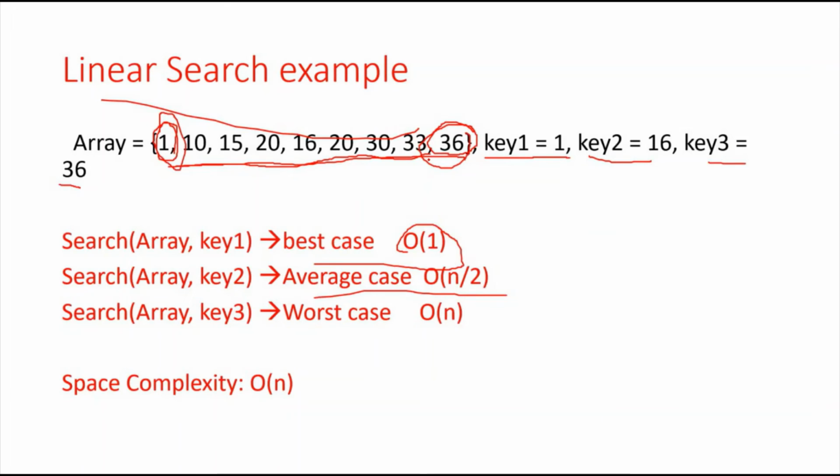This is the last element, and we have a total of 3, 6 and 9, we have a total of 9 elements. We will perform the comparison operation 9 times, means big O of n, that is the worst case. This is how we do the analysis of best case, average case, and worst case.